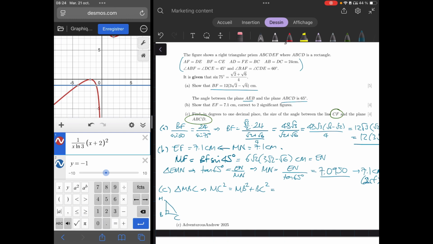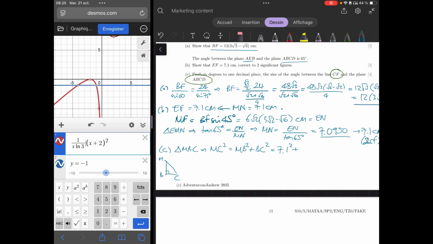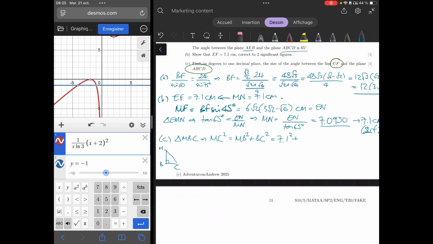So you know you're on the right track because these parts are usually related to one another. MB squared. Look at triangle FMB. It is a right angled triangle. FBM is 45 degrees. Thus, MFB is also 45 degrees. And therefore, we have a right isosceles triangle. Thus, MB is also equal to MF.